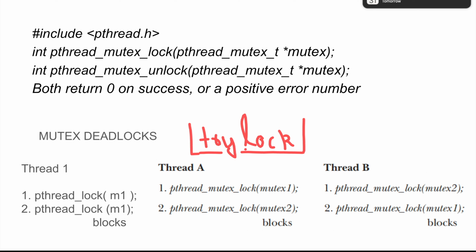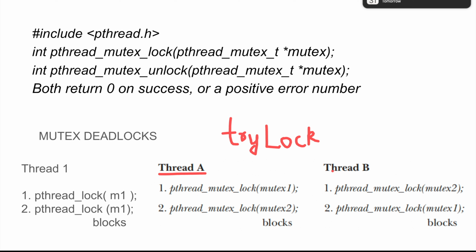In such a scenario, the thread can unlock all the acquired mutexes and retry again after some time. Let's look at the same scenario, and instead of doing a lock, let's do a try lock.